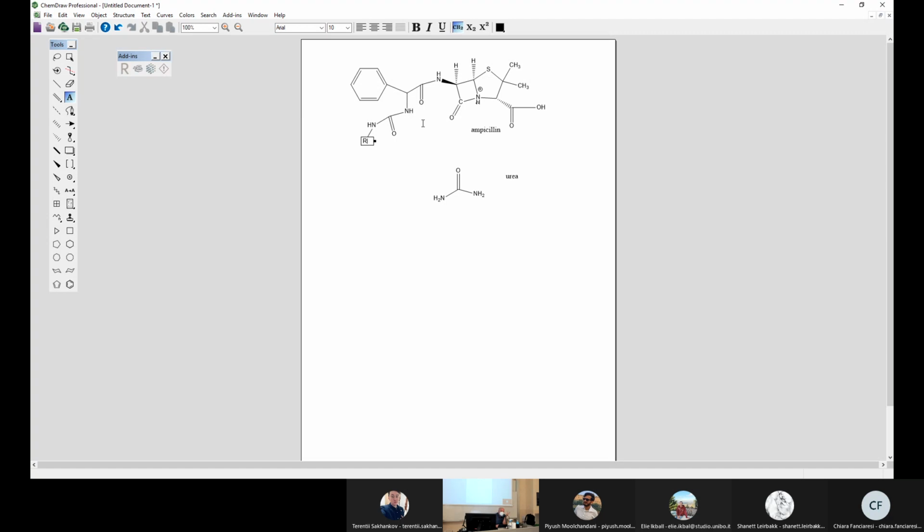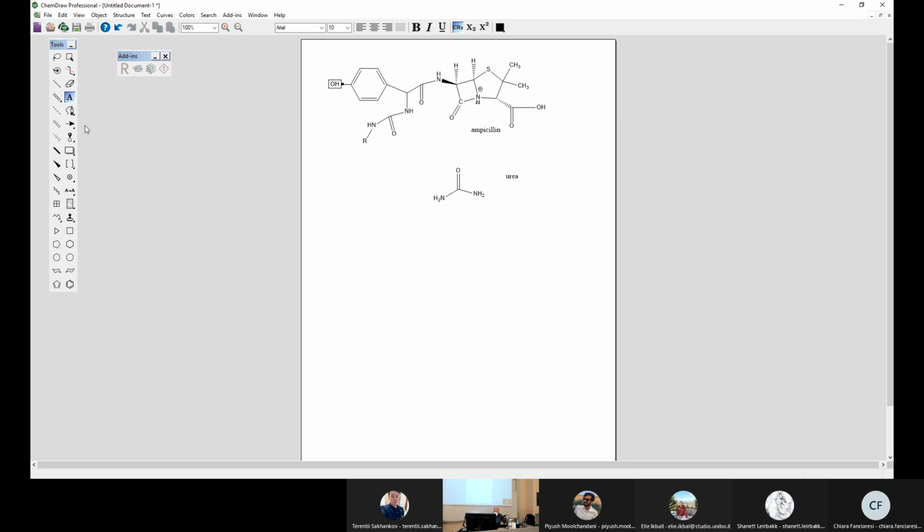So three modifications to the chemical structure of aminopenicillin. The first one was the introduction of an OH on the aromatic ring. Okay, you remember this point. Amoxicillin.